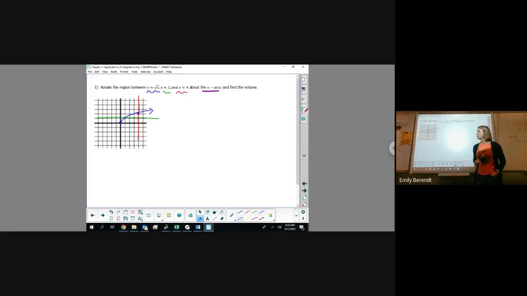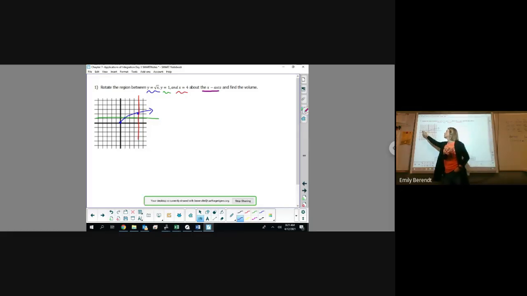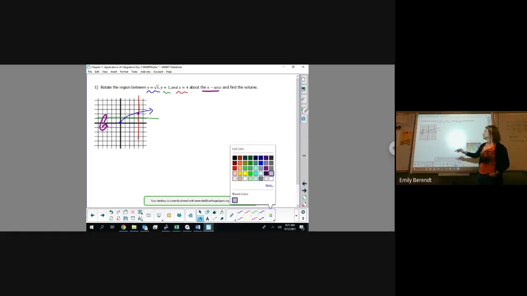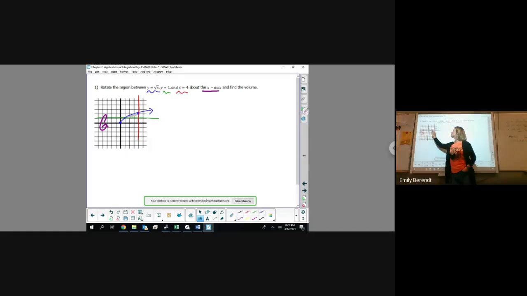That little rounded triangle looking thing is the area that we're revolving around the x-axis. We're spinning around the x-axis, and that little sliver is what we are rotating.